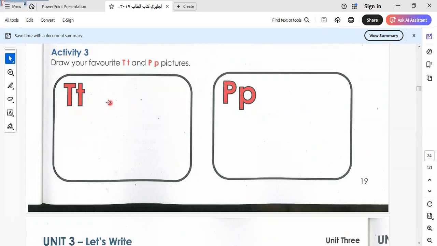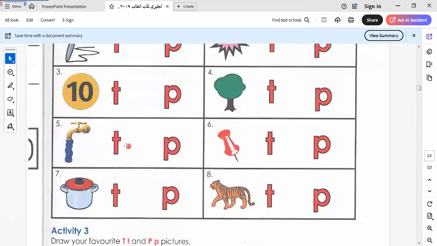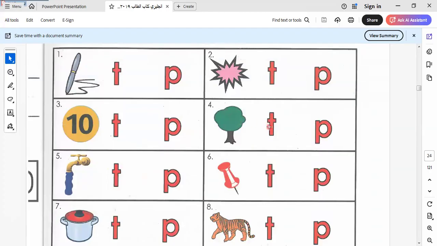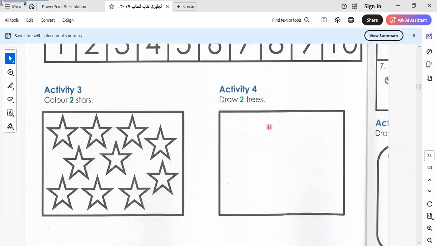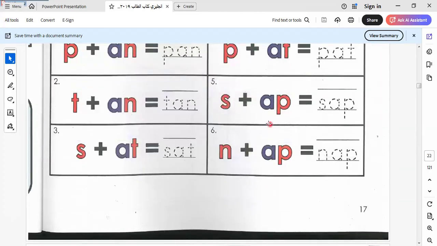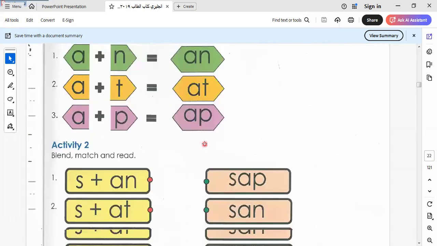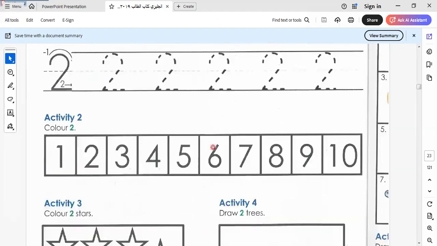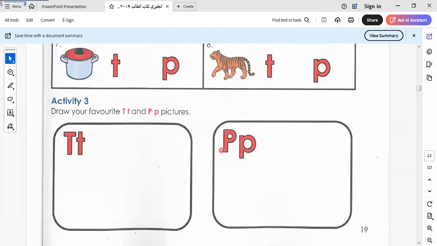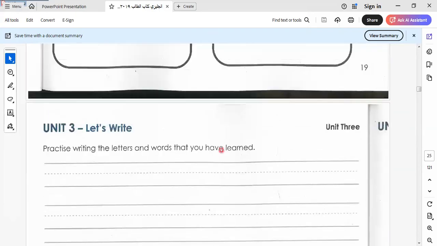You can draw a tiger, you can draw a tree, and so on. You can draw a pin, you can draw a boot, or other words related to the letter B. We have boot, we have pink. You can draw anything related to this letter.